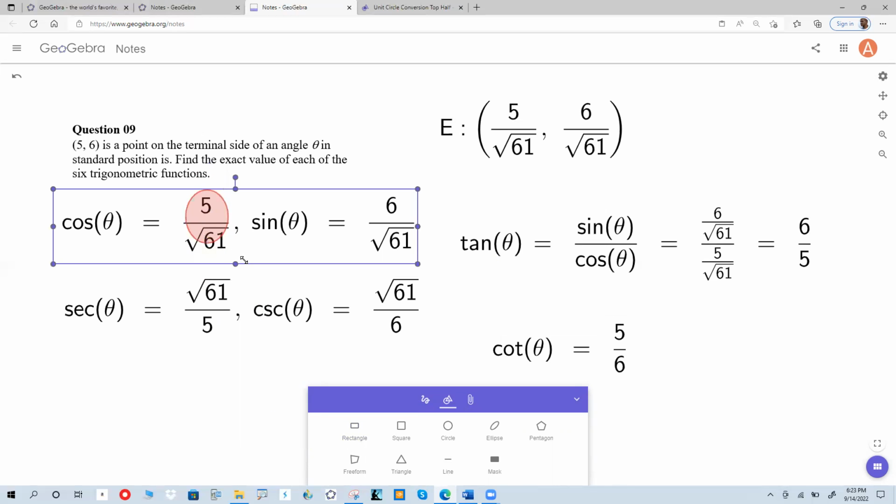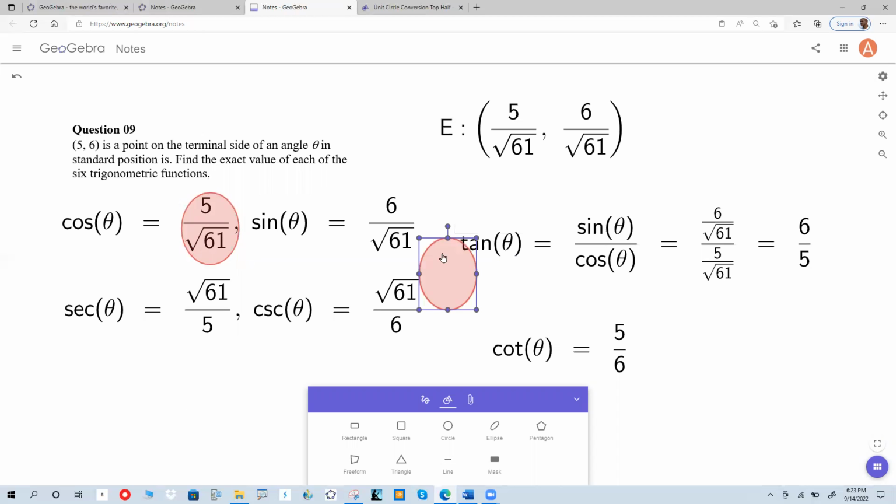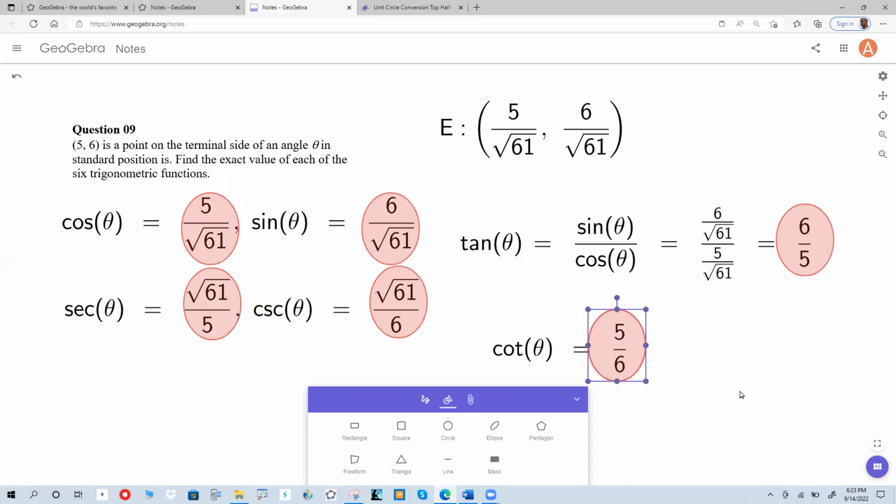Sine, secant, cosecant, tangent, cotangent. Okay, that completes problem number 9.